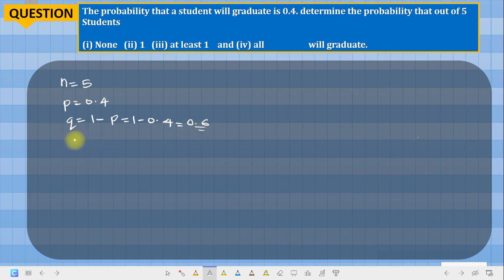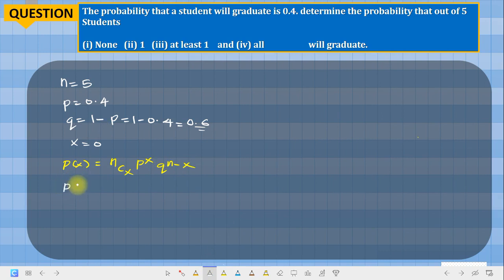Now, the next thing is to calculate for our X. It says find the probability that none will graduate. If none will graduate, it means our S is equal to 0. Now, bringing out our formula, probability of X is equal to N combination S, P raised to the power of S, Q raised to the power of N minus S. So in this case, we substitute into this equation.